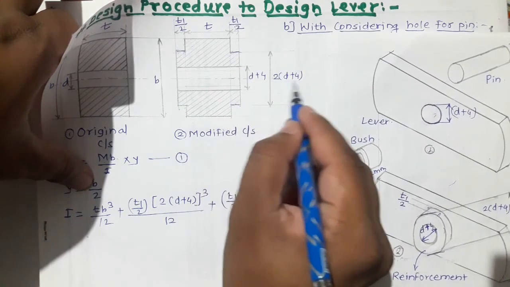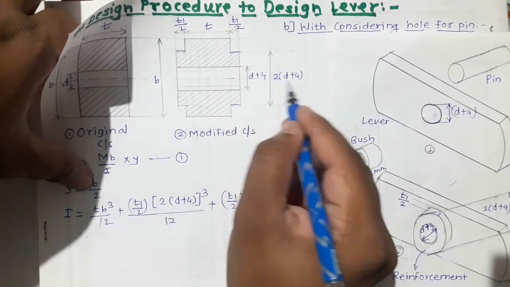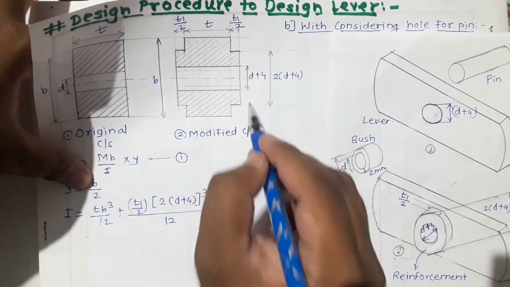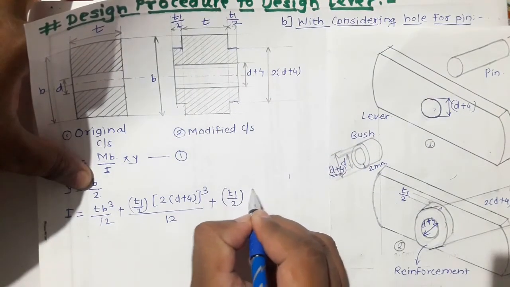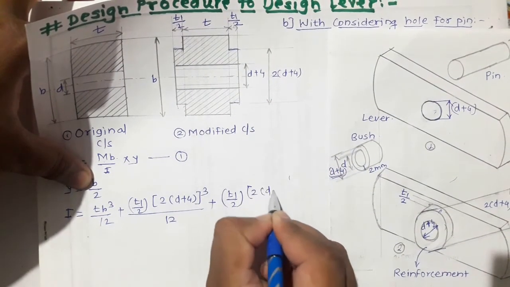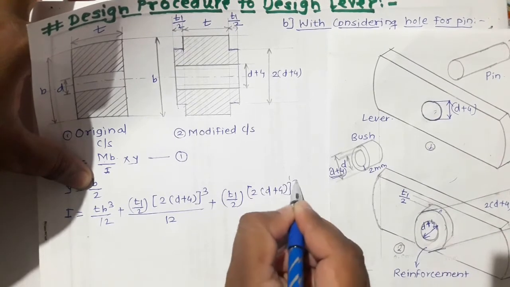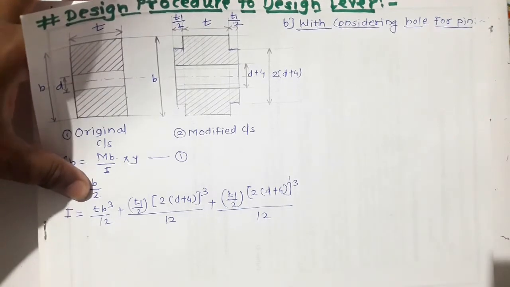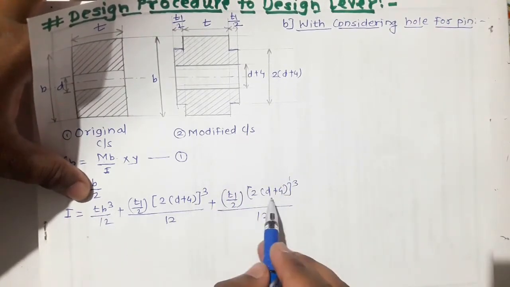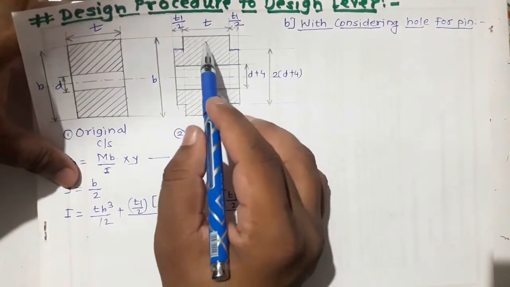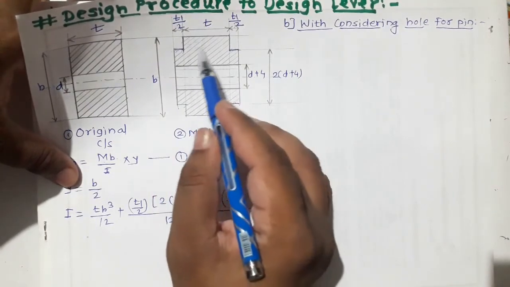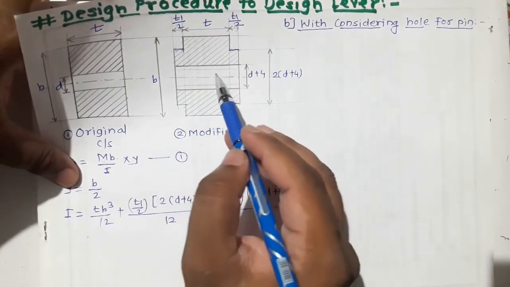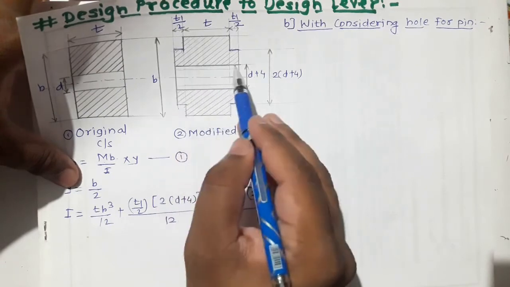So this edge having dimension twice D plus 4 is perpendicular to the neutral axis, therefore we have to make its cube. So twice D plus 4 cube upon 12. Now these three moments of inertia represent the moment of inertia of this cross section by considering it as a solid. Now we have to subtract the moment of inertia of this hole.